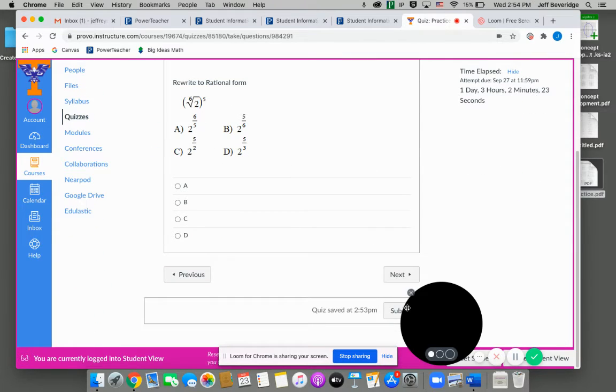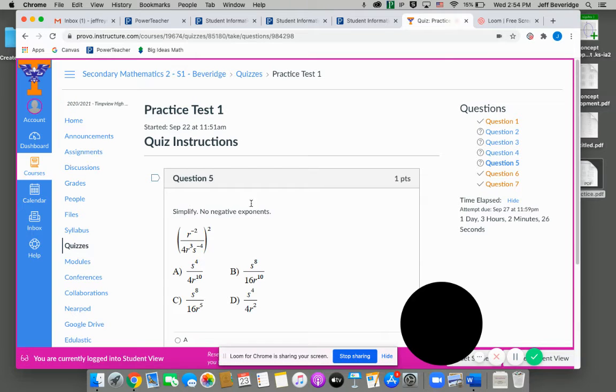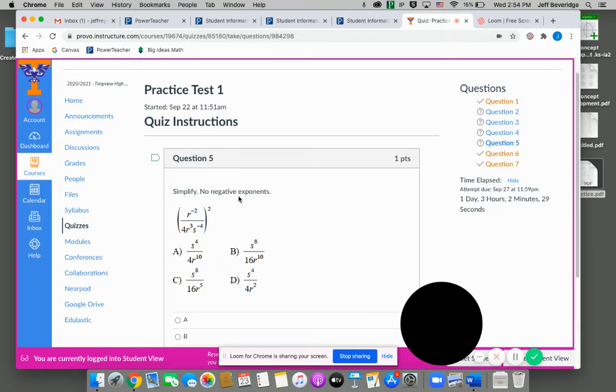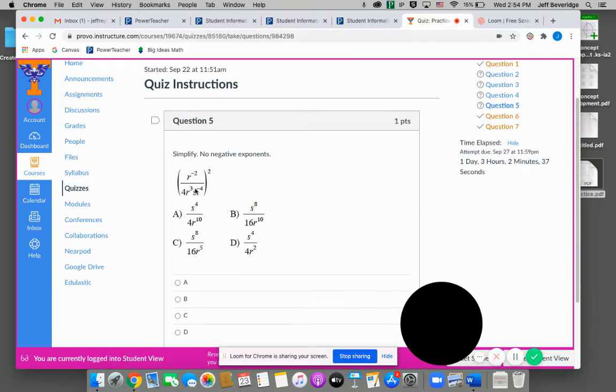Make sure you know how to rewrite those. This right here will be from 1.4, simplifying exponents and expressions and all these things. So make sure you get yourself good on 1.4 if you want to know how to do these.